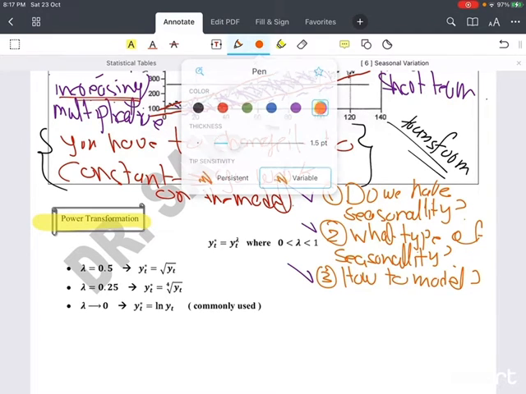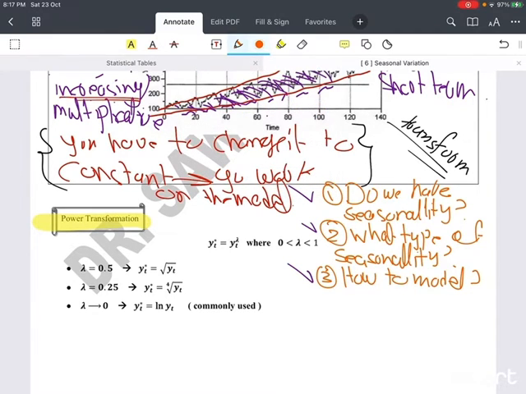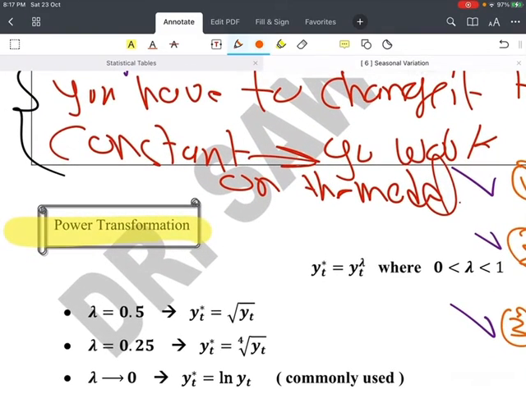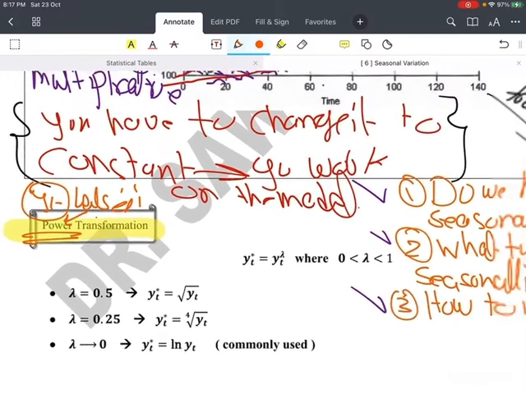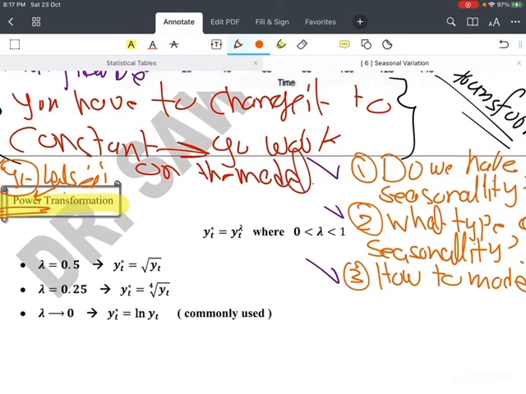So power transformation. This is the process that changes from increasing to constant, because what do we do with y of t? We put a power on it. We call it power transformation because for y of t we put a power on it, like here exactly: y star of t. Why do we call it y star?